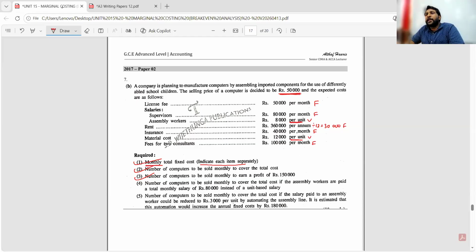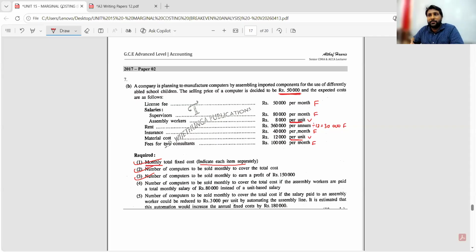Assembly worker, now how are you paying? Now how are you paying to the assembly worker? Right now you are paying per unit. Now you are going to change it from per unit to the monthly fixed cost. Yes or no? Monthly salary. That means from the variable, if you give per unit, it is variable.